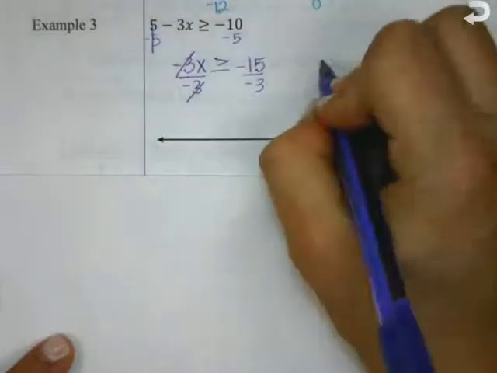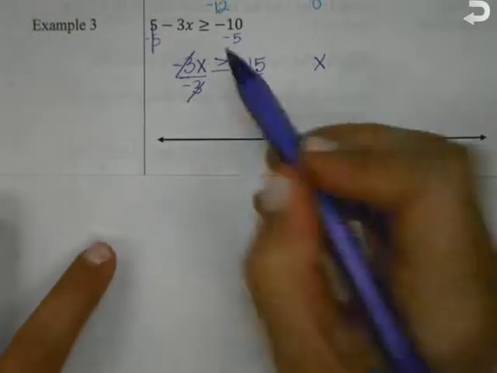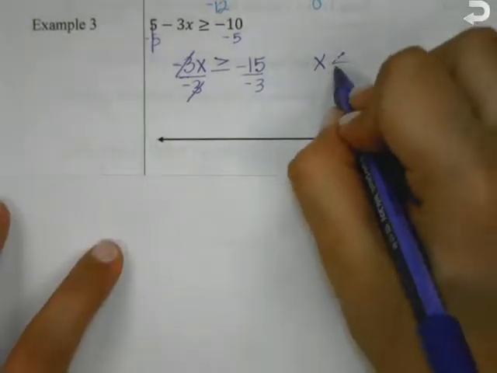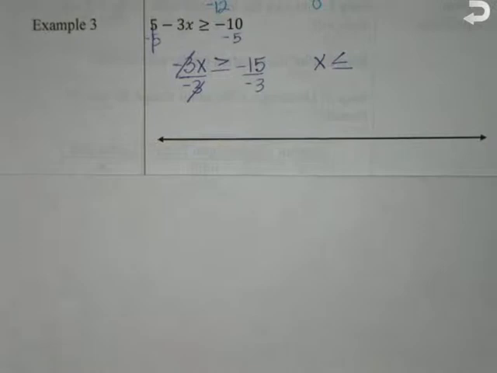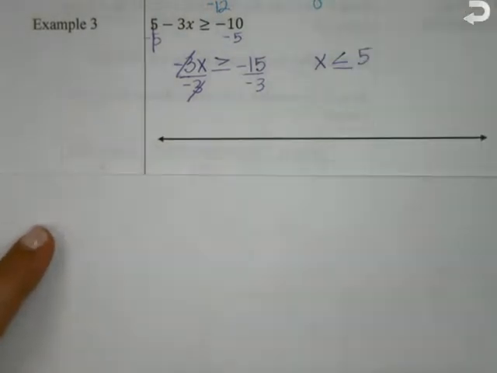What happens when I divide or multiply by a negative? The sign flips. So this becomes less than or equal to positive 5, because a negative divided by a negative is positive. Okay, so let's put 0.